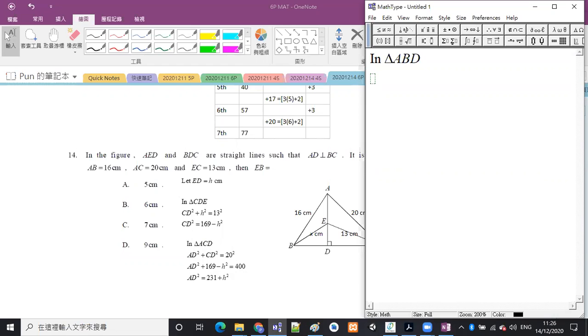And we know that BD square plus AD square is equal to 16 square. Okay, but we have already found that AD square should be equal to 231 plus H square. Okay, so BD square is equal to 25 minus H square. Get this?